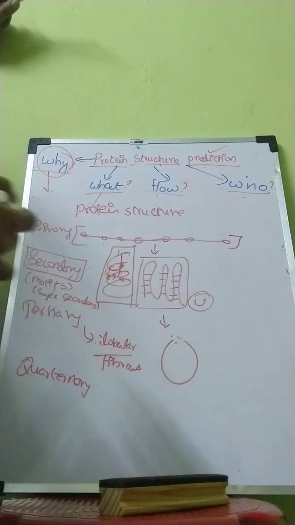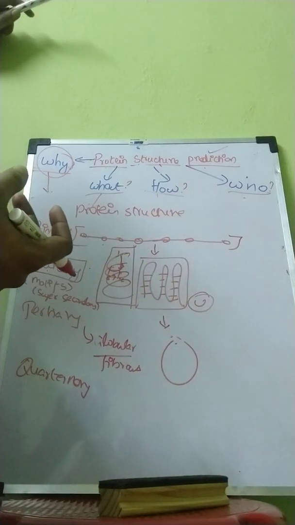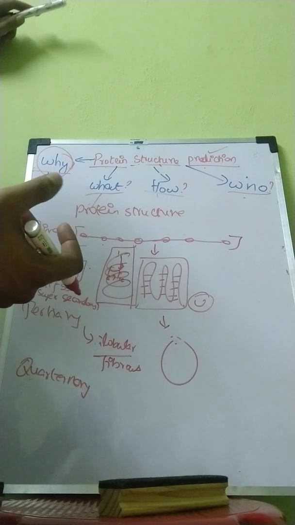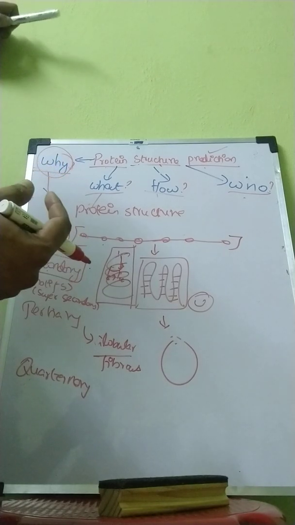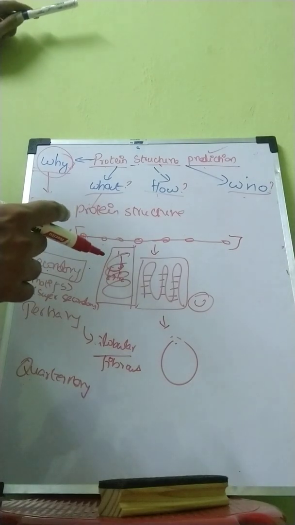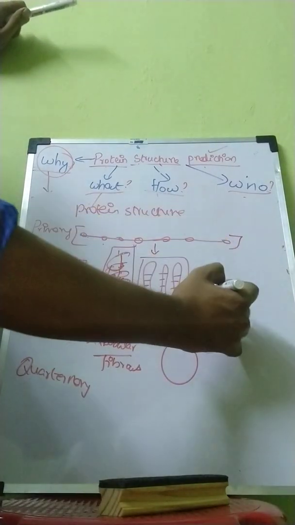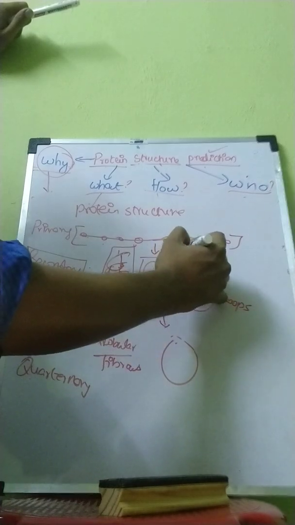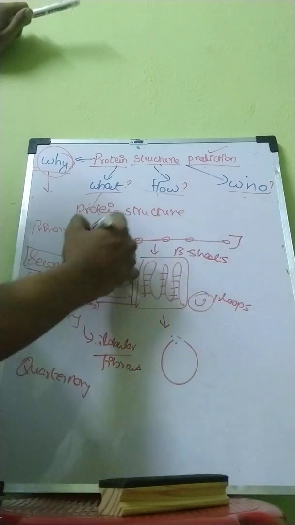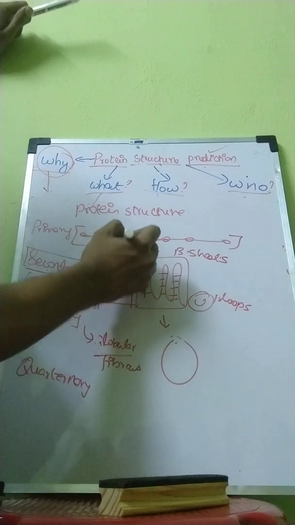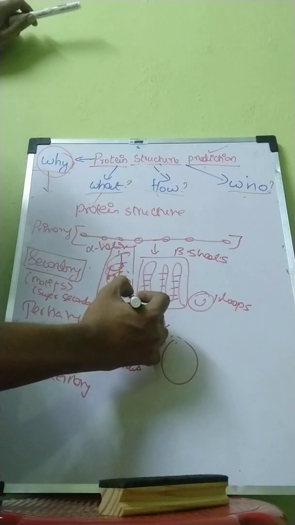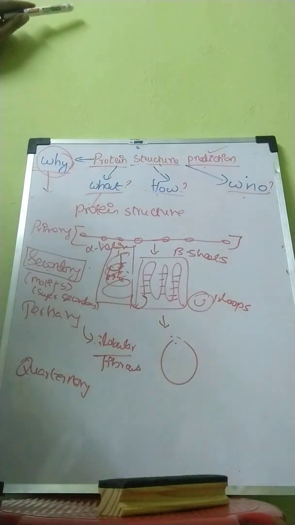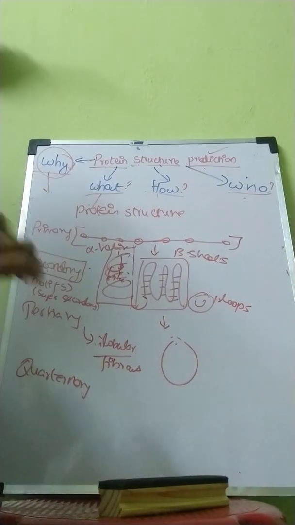On the other hand, if shorter, 2 to 4 amino acids together form one small single curvilinear structure, that's what we call beta loops. These beta loops are internodal connective structures between two different or two same secondary structures.